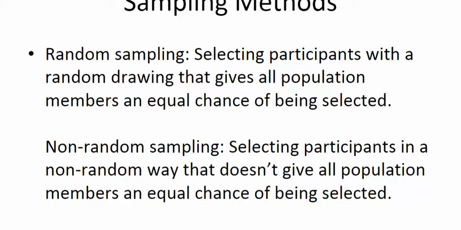You might end up spending more time in one area and less time in another. And if you do that, then some people will be more likely to be reached by you and other people less likely to be reached. So even though it seems random, that wouldn't be random. You wouldn't be giving all population members an equal chance of being chosen.